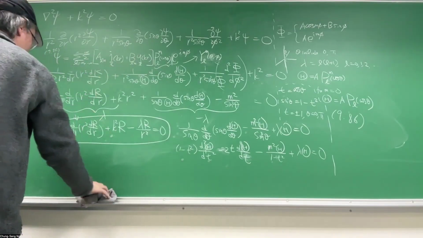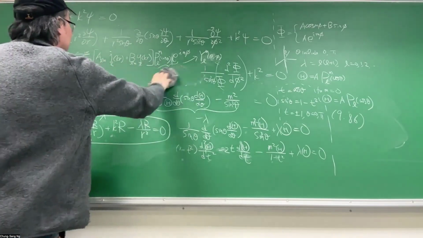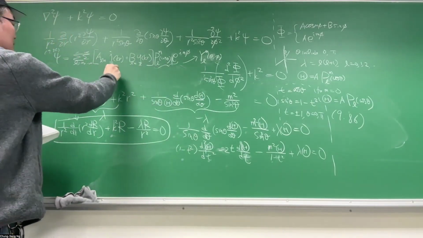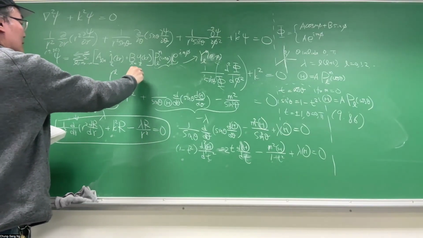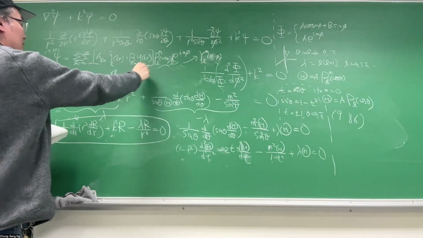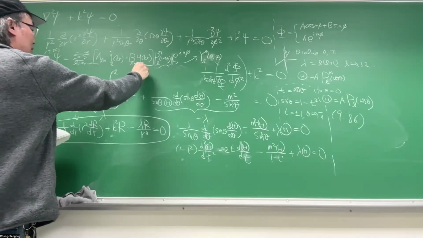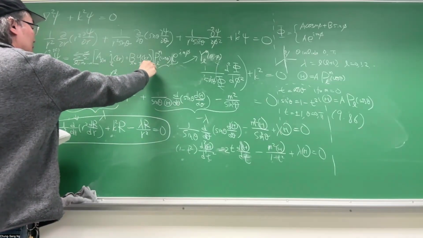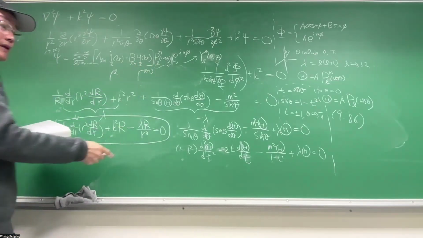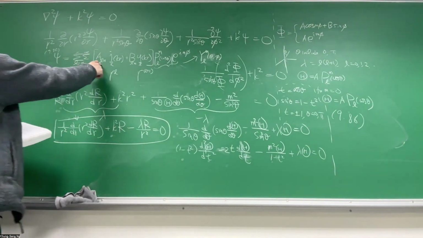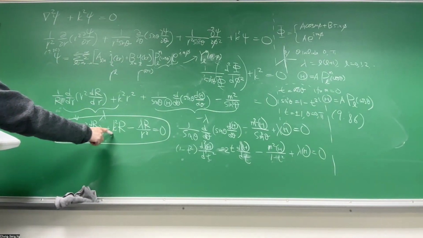Instead of these two, j and y, you have r to the l and r to the minus (l plus 1). So you can go back to here.